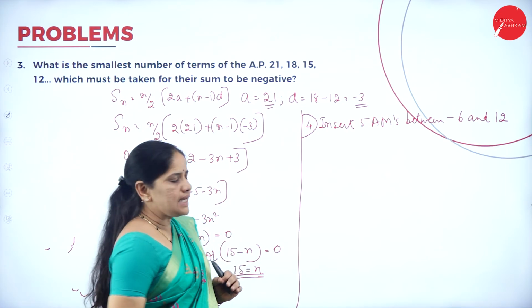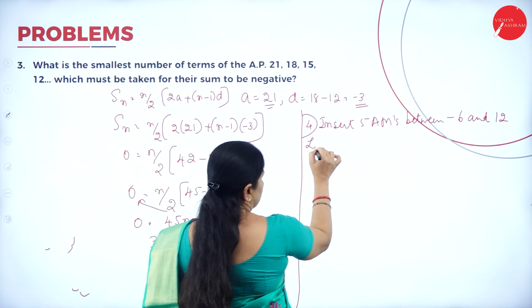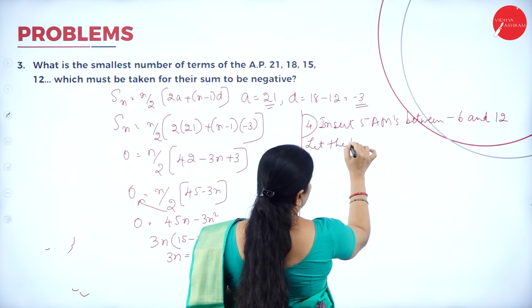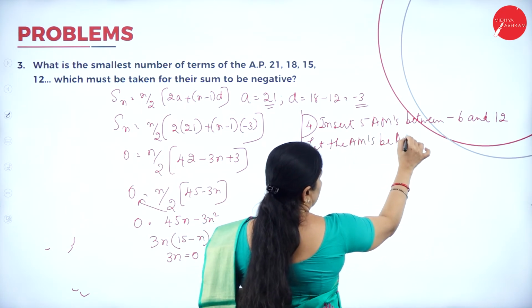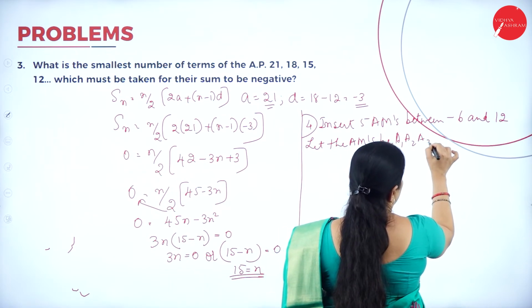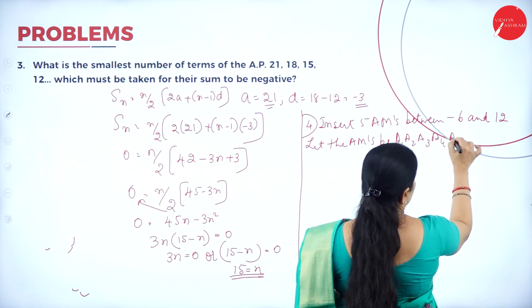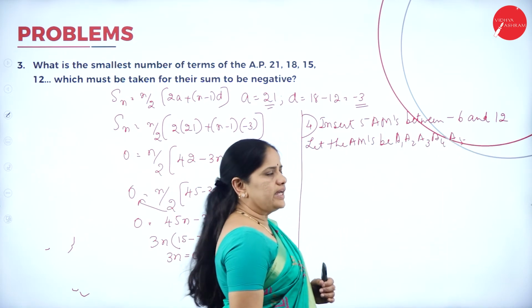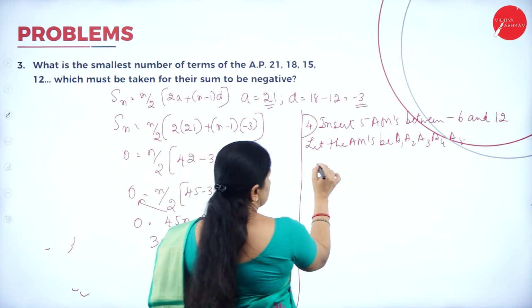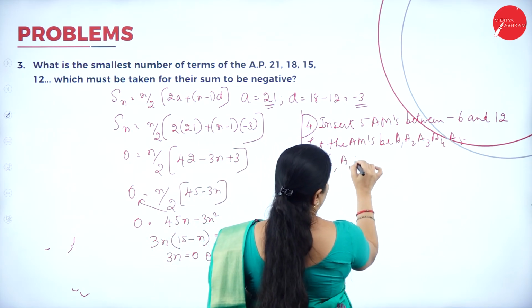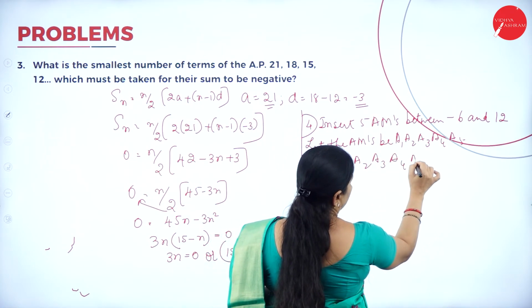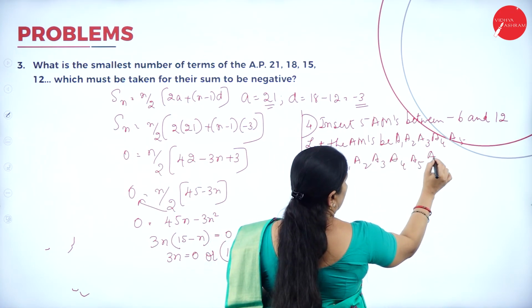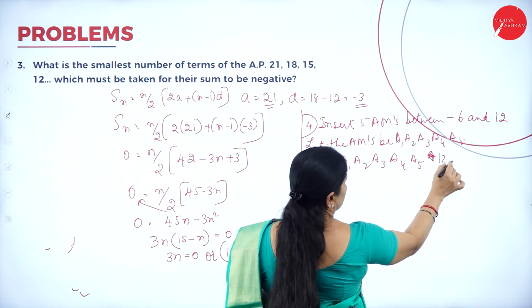Now let us assume, let the arithmetic means be A1, A2, A3, A4, A5. Okay, so the progression is minus 6, A1, A2, A3, A4, A5 up to 12.